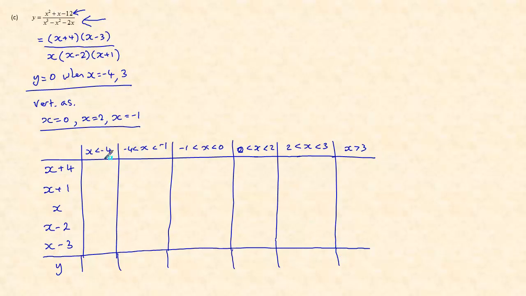If our x value is less than negative 4, every single one of these is negative. And there's 5 of them, and that means that y is negative. Then this one changes sign, and the others are still negative, so overall it's still going to be positive. Then the first 2 are positive, and the rest are negative, so overall negative. And then the first 3 are positive, and then negative, negative.